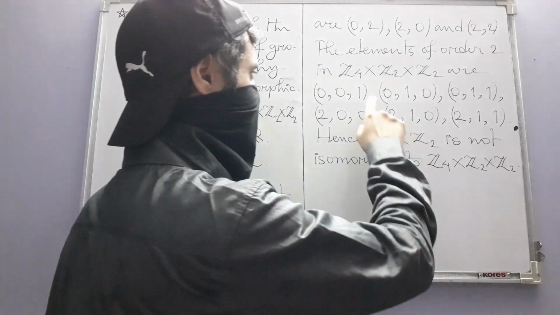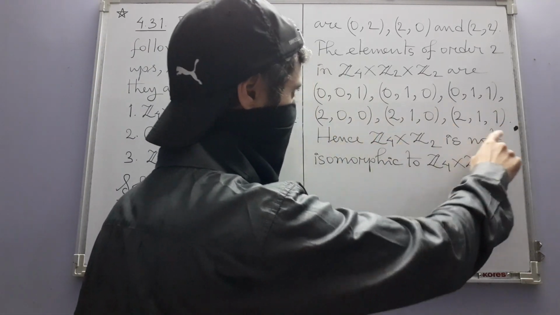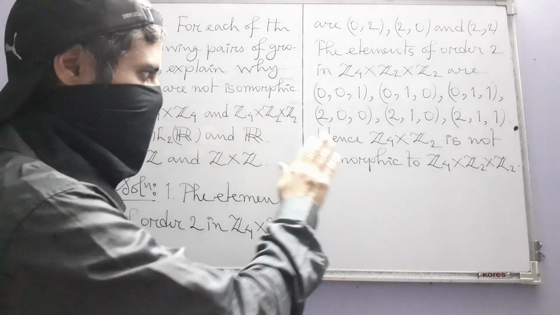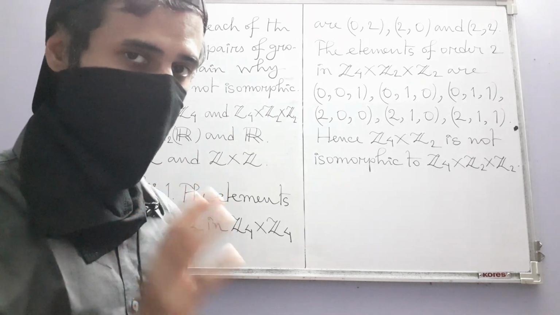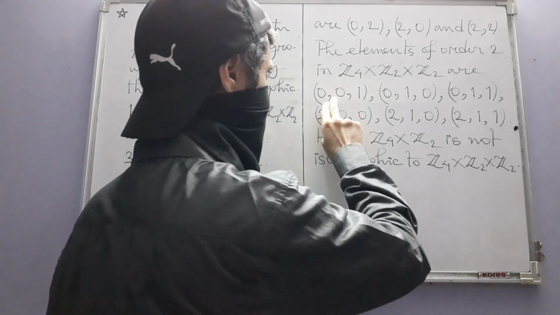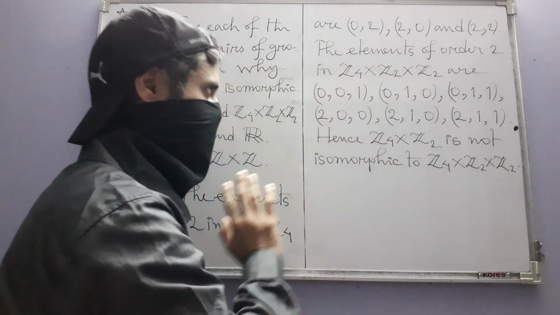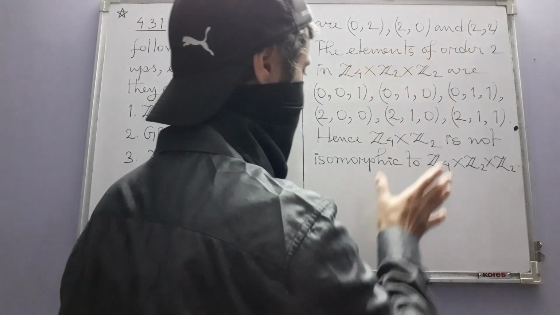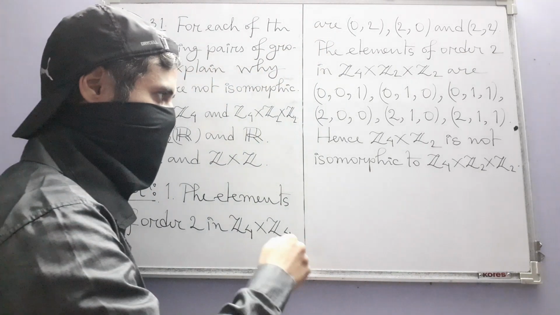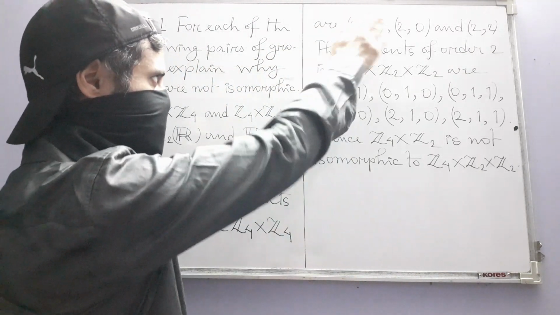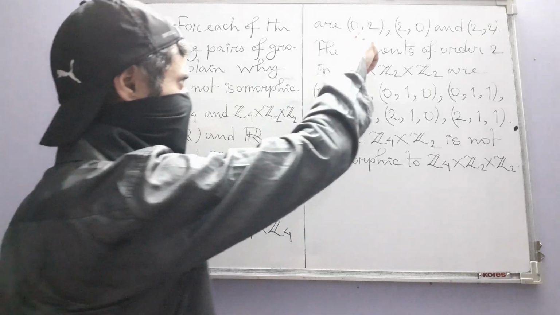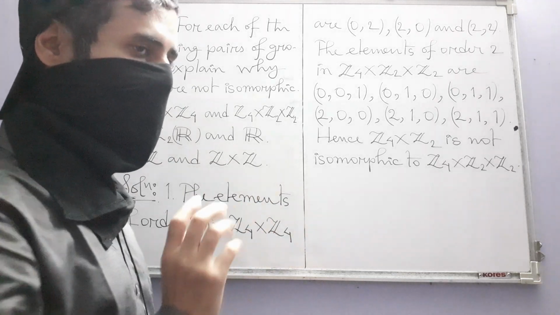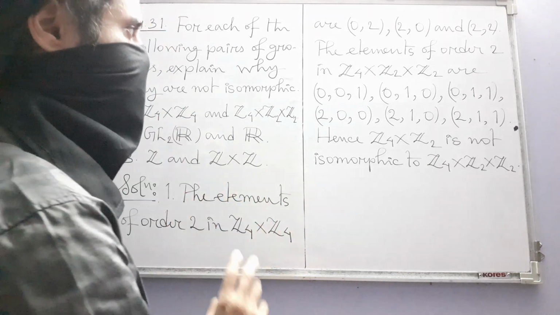Now you watch something about this solution. In fact, there is no need to find all the elements of order 2 in the second group, since lack of isomorphism will be established if you can show that the numbers of elements of order 2 are not equal. Here we have completely found all the elements, so we know that precisely there are 3 elements of order 2 in the first group.